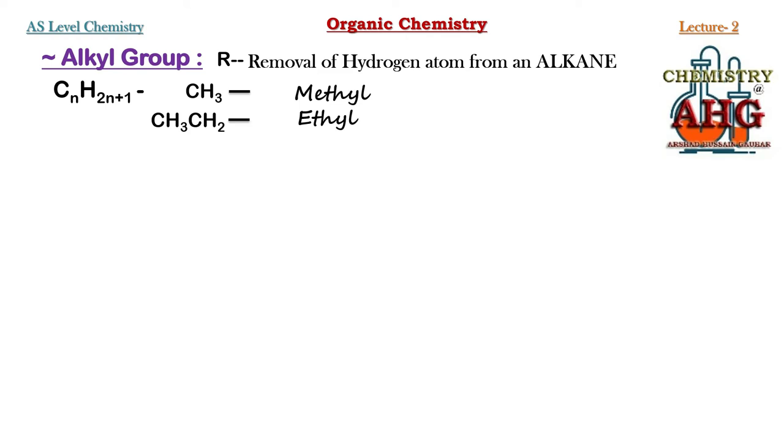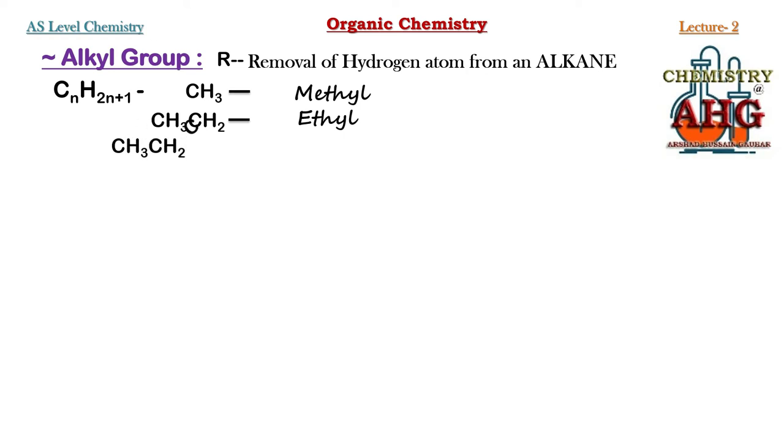Remember, after ethyl, what will come? Propyl, butyl, pentyl, likewise. So remember, the first few members of alkyl group are methyl, ethyl, propyl, butyl, pentyl. You can also guess the molecular formula for propyl having three carbons. What will it be? Yes, the molecular formula for propyl will be C3H7.